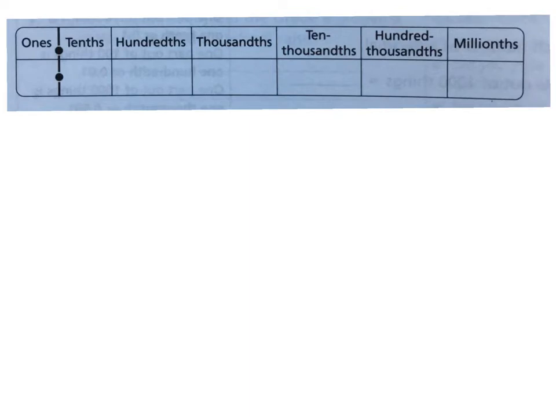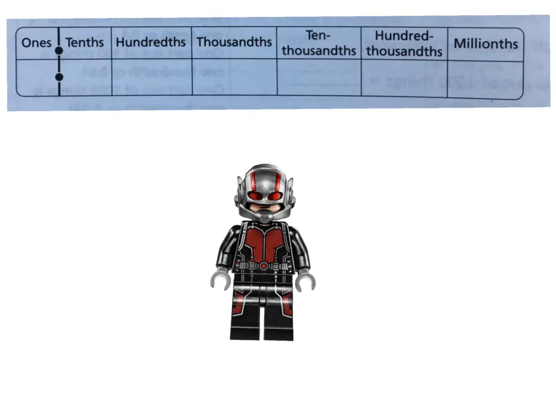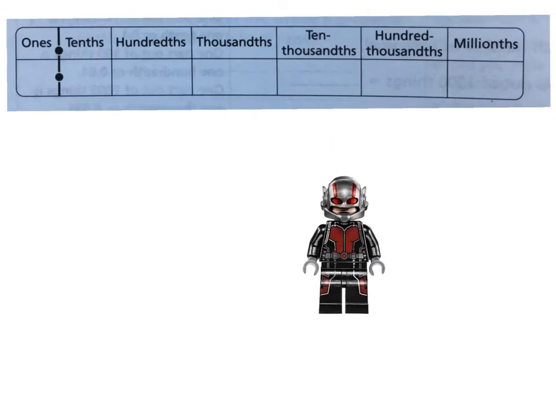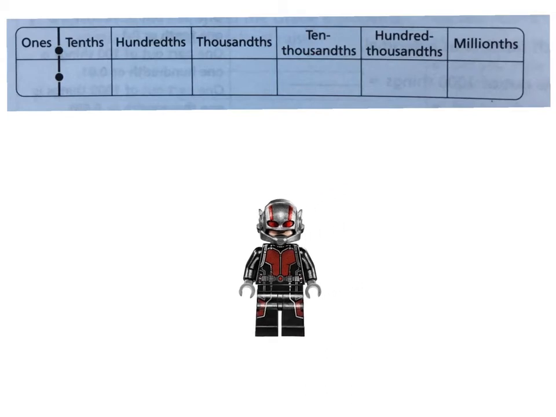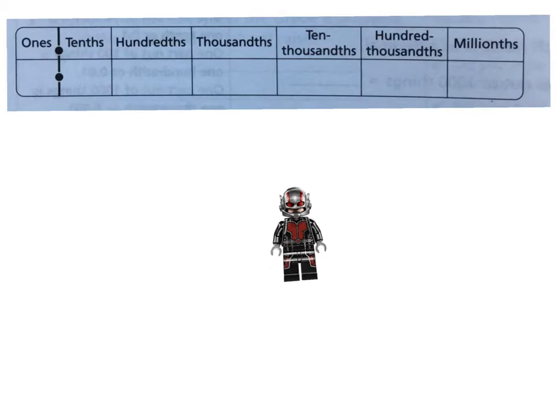Here's our place value chart again, and let's have an Ant-Man placed right here. There's Ant-Man. Boom. Cool, right? Now, let's shrink him down to a teeny tiny little Ant-Man. And he can shrink even more.